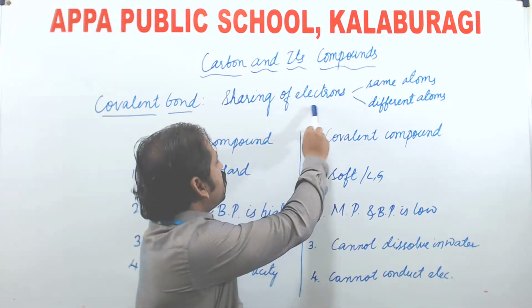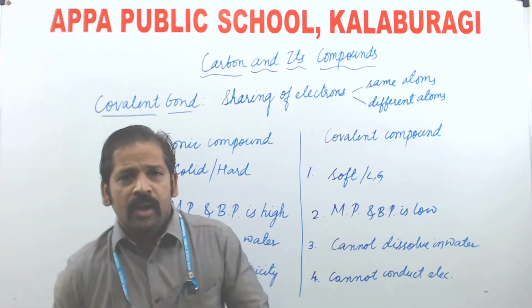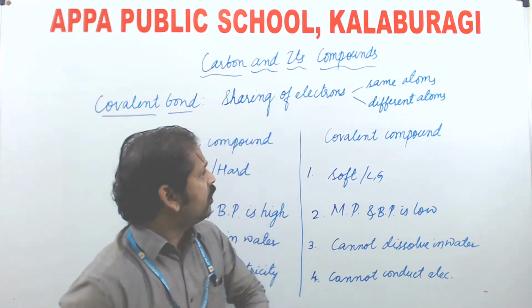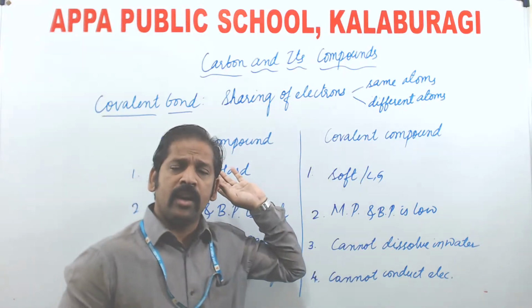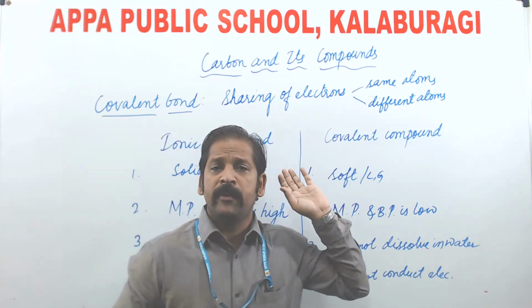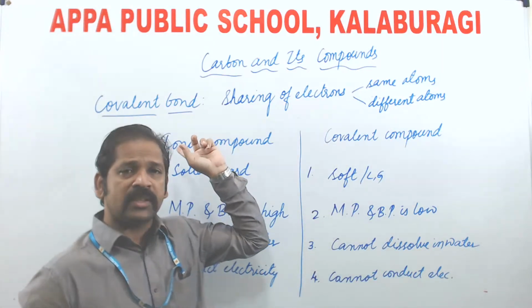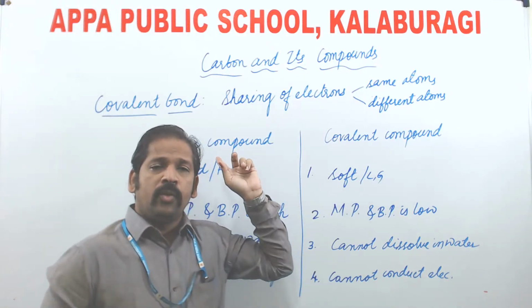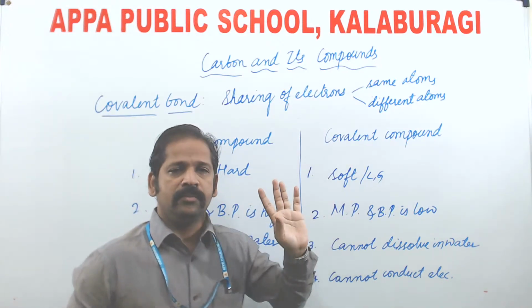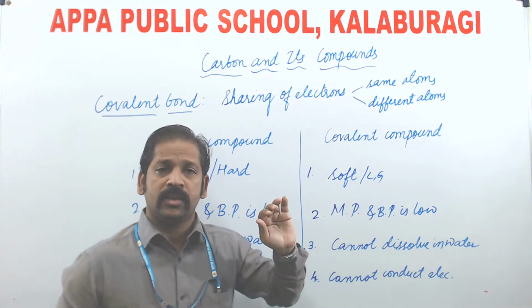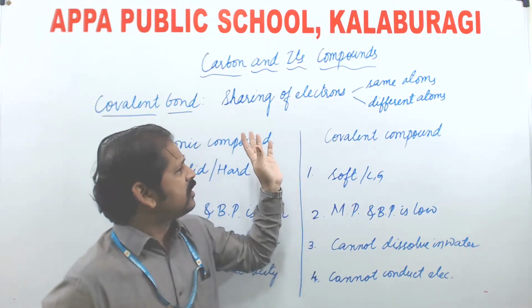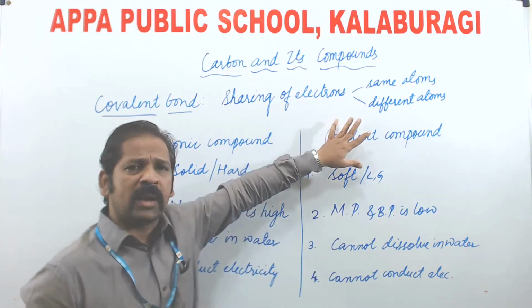The ionic bond takes place between the metal and the non-metal; the covalent bond takes place between the non-metal and the non-metal, because everything is the same: they want to become stable.